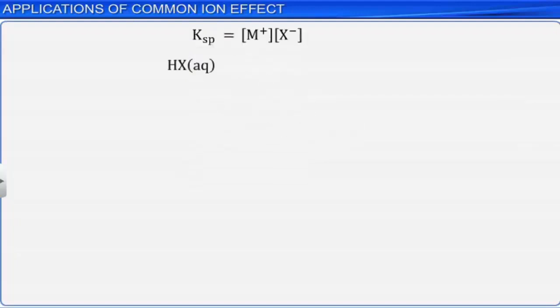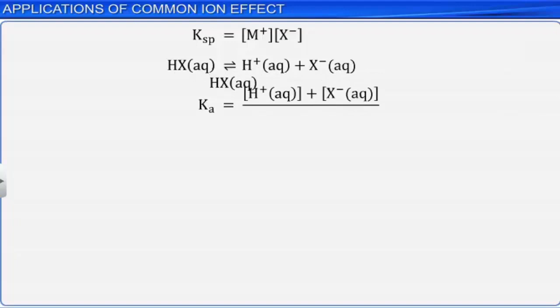HX ionizes to give H+ ions and X- ions. Then Ka is equal to product of molar concentrations of H+ and X- divided by HX concentration. On rearranging the equation, we get X- divided by HX equal to Ka divided by H+.